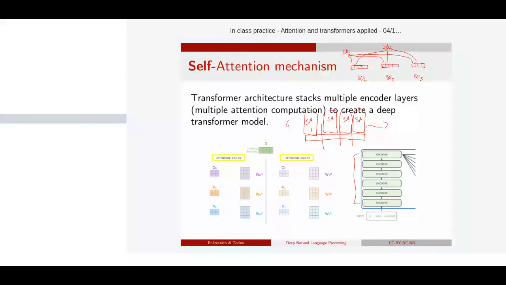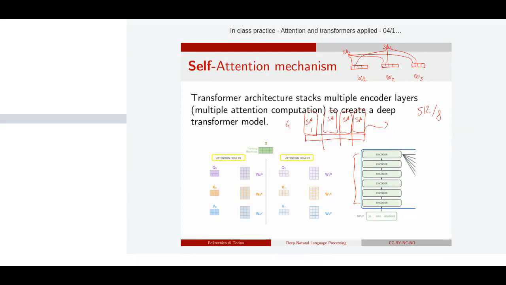If we have 512, for example, as a dimension for the vector representation, so for each word we have a vector of 512, we can split it by 8, and then the dimension for the single head is 512 divided by 8.